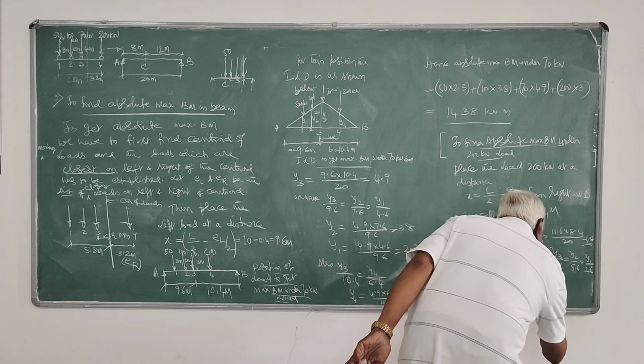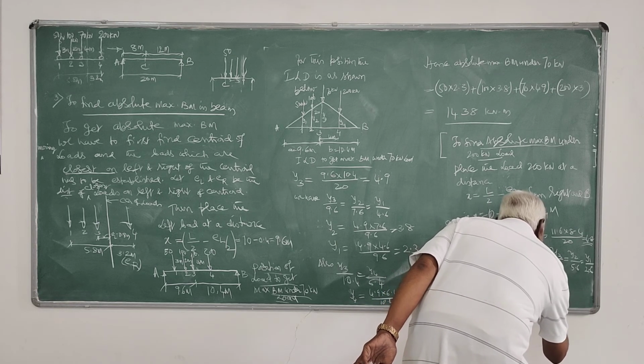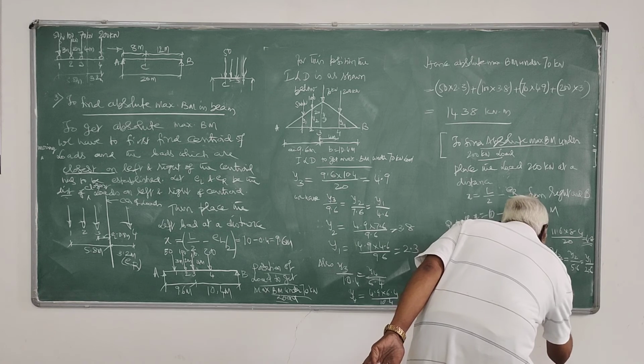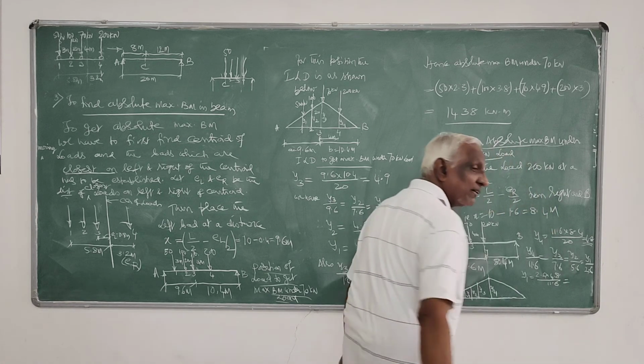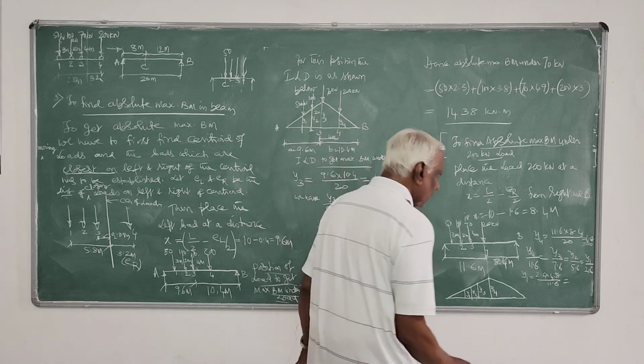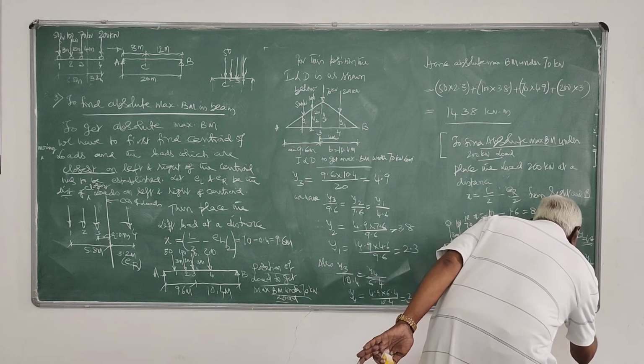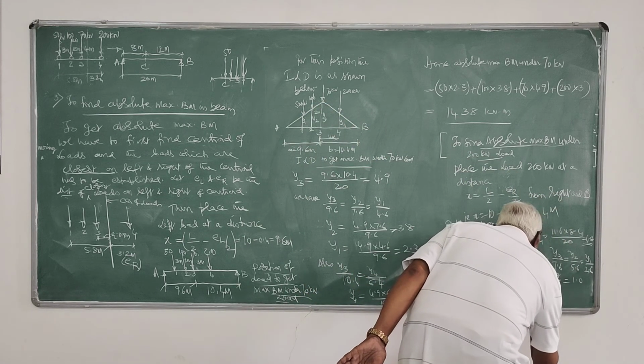Y1 equals 2.6 into 4.8 divided by 11.6, that is 1.0.